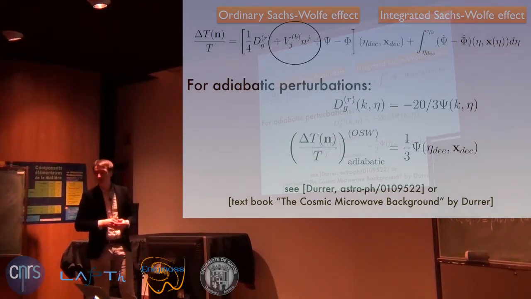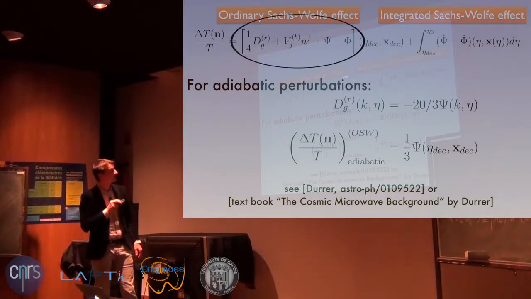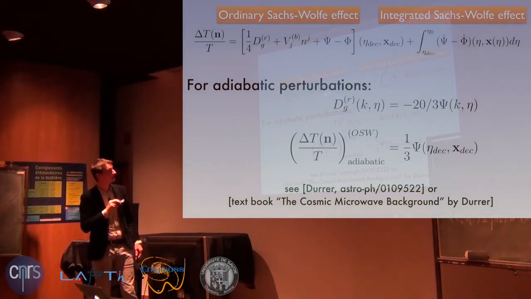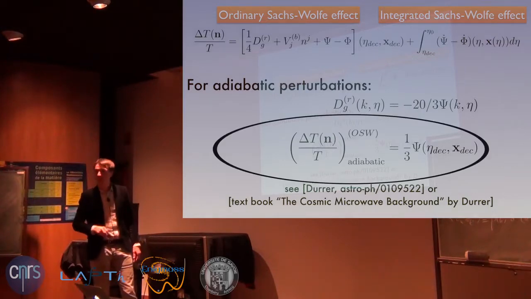This term is negligible, the velocity term. So the net effect of this first term, the ordinary Sachs-Wolfe effect, is a sum of minus 2/3 and plus 2, because this phi is actually equal to minus psi. I omitted to put that on the slide. So the total sum is that the temperature of a photon is equal to 1/3 times the gravitational potential.